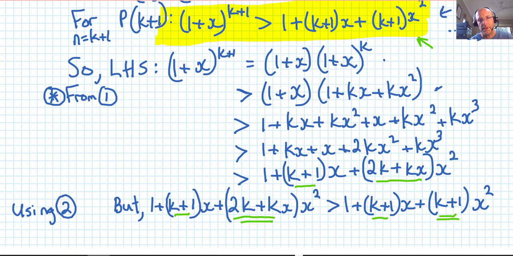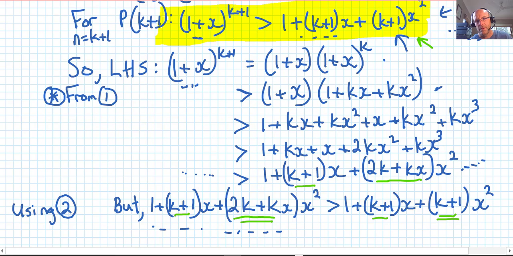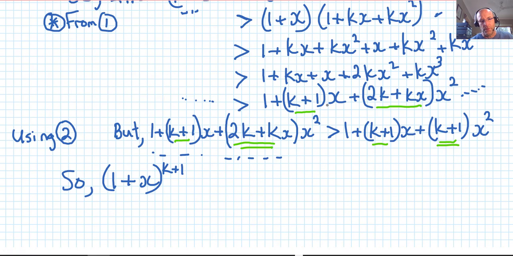Back to the yellow again, we had to show that this here is greater than that there. We've shown that this here is greater than that there, but that there is greater than this here. So with a bit of direct logic, we can say that what we needed to show is indeed the case.